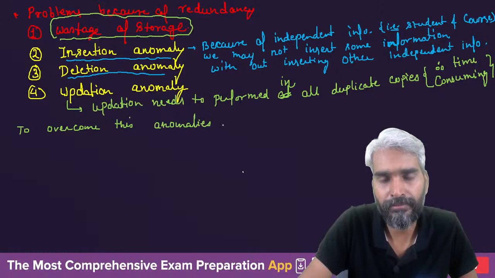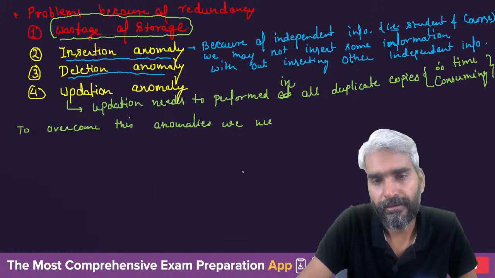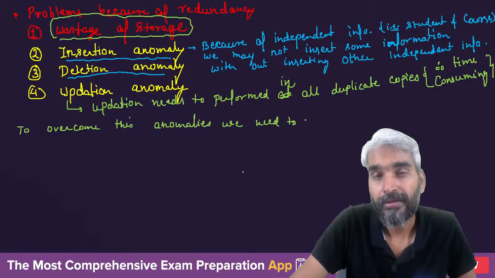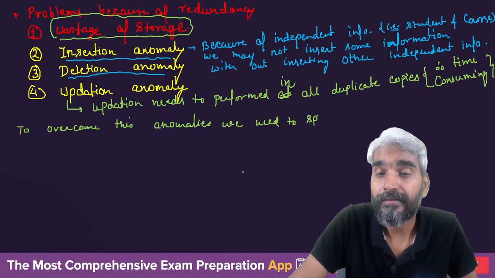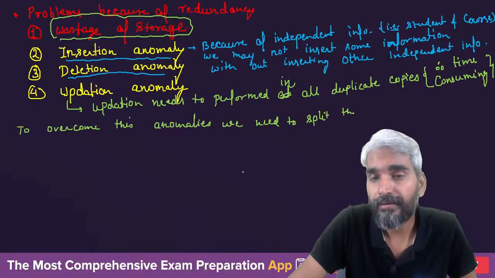To overcome these anomalies, we need to split the relation.